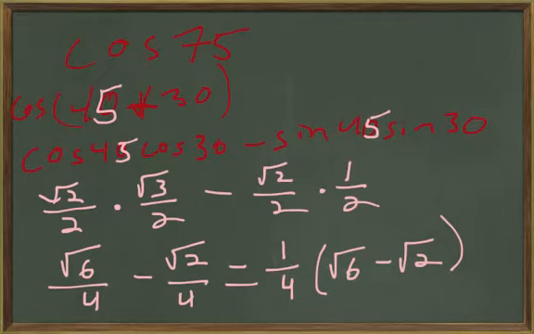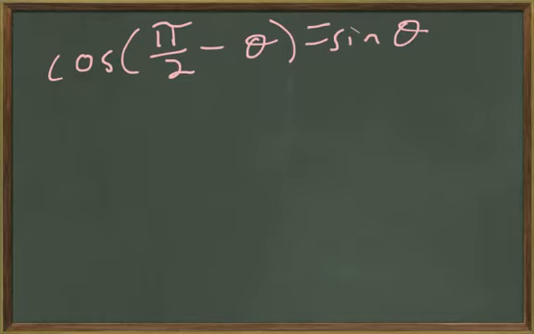Now, to establish identities, we have two. We have cosine of pi over 2 minus theta equals sine theta. Okay, which is the same thing as cosine of 90 minus theta is sine theta, which makes sense because cosine of 90 minus 30 is sine of 60, which is the same as cosine of 30.